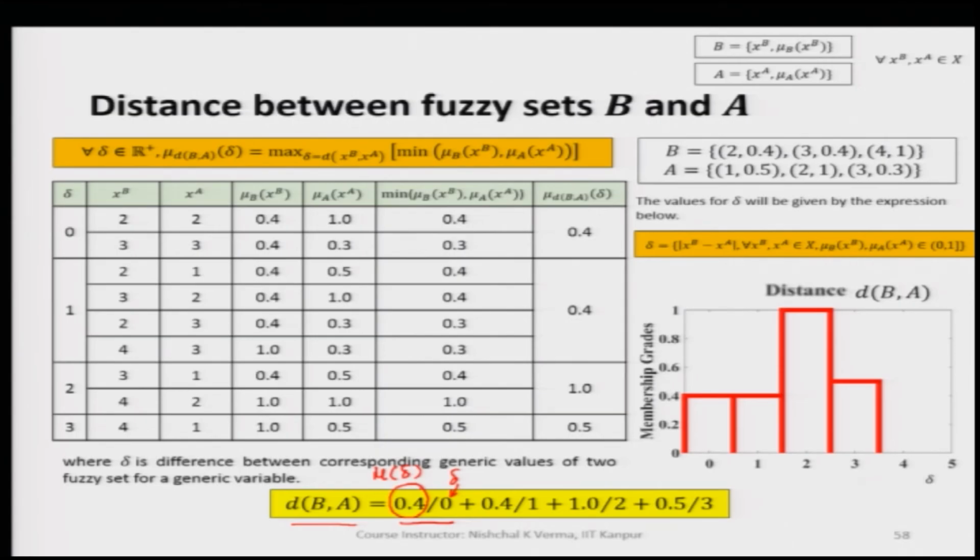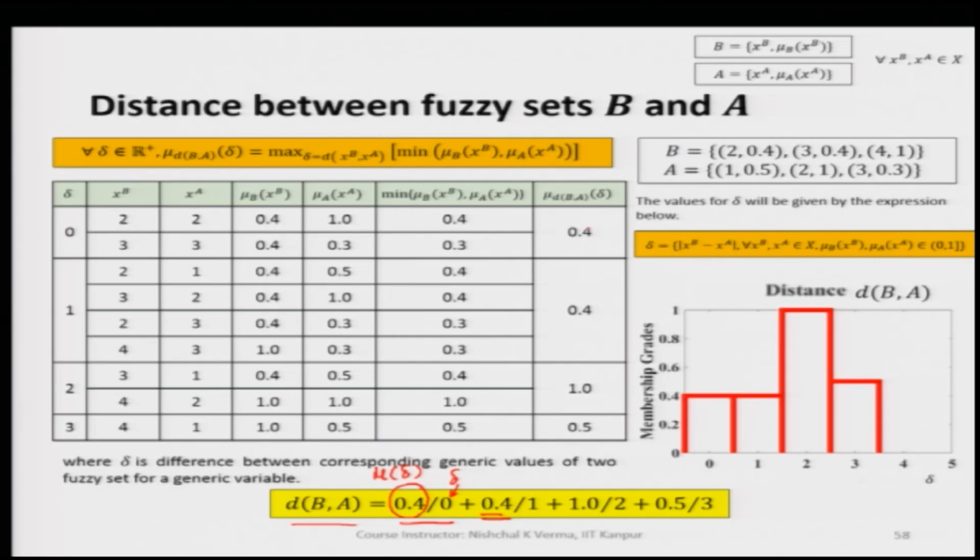So, for delta is equal to 0, which we can see in the very first column, we have all the delta values mentioned: delta is equal to 0, 1, 2, 3, and then we take the corresponding membership values, which are mentioned in the last column. For delta is equal to 1, we are getting 0.4.